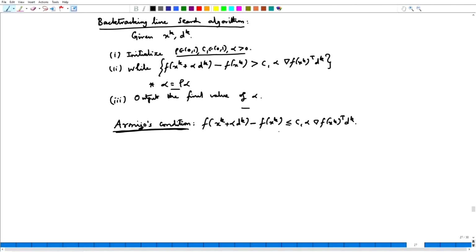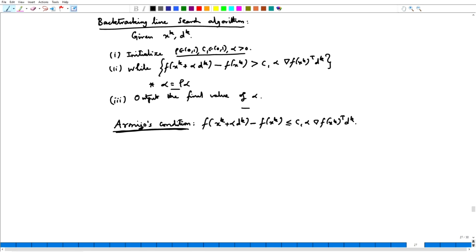Recalling what the backtracking line search algorithm is: we have something called Armijo's condition, which is f of x k plus alpha d k minus f of x k is less than or equal to C1 alpha del f of x k transpose d k. The basic thing we are expected to do is to choose the value of alpha that satisfies Armijo's condition.